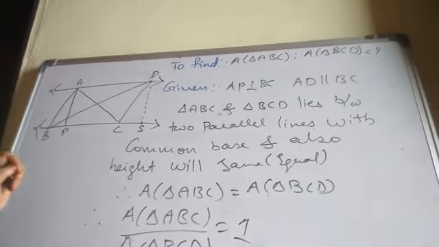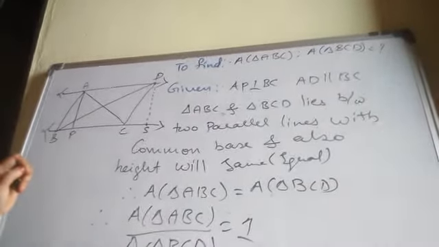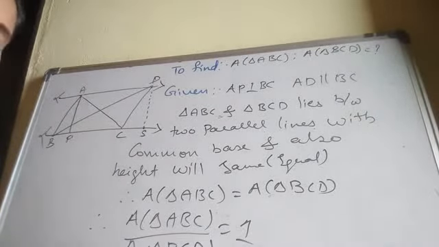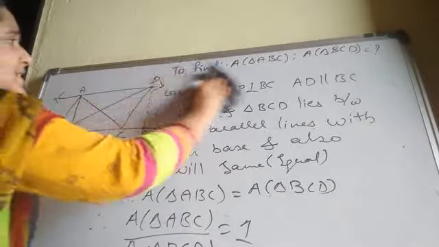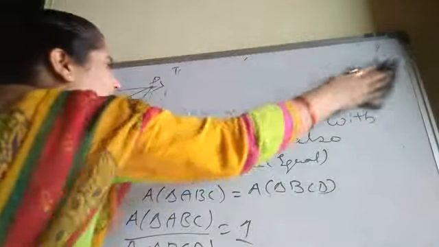Okay? Keep it in your mind, this is an important point. Area of triangle ABC upon area of triangle BCD equal to 1. How?